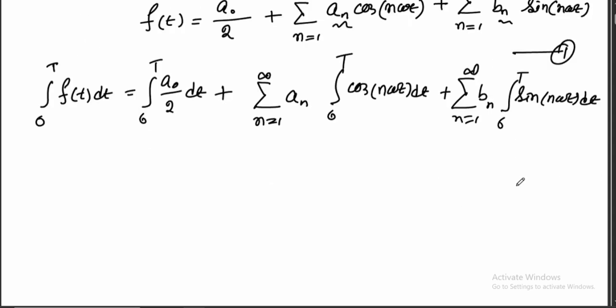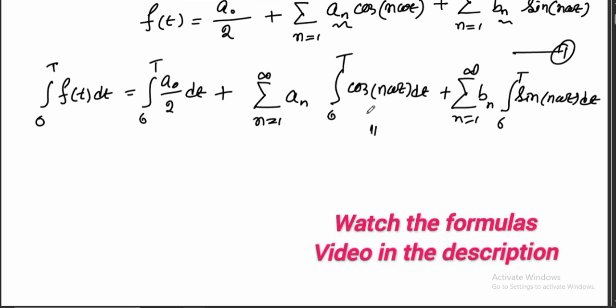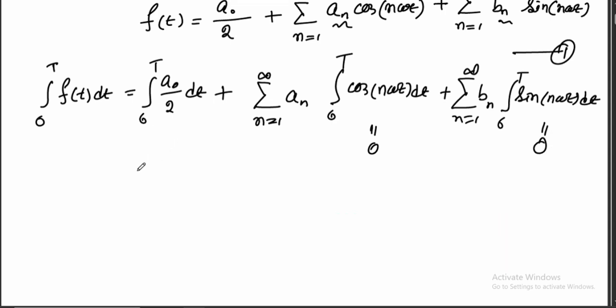Now we know from integration that integration 0 to T cos n omega t dt is 0, and also integration 0 to T sin n omega t dt is 0. So we are left with a0 by 2 integration dt, which is T, and integration 0 to T f(t) dt.